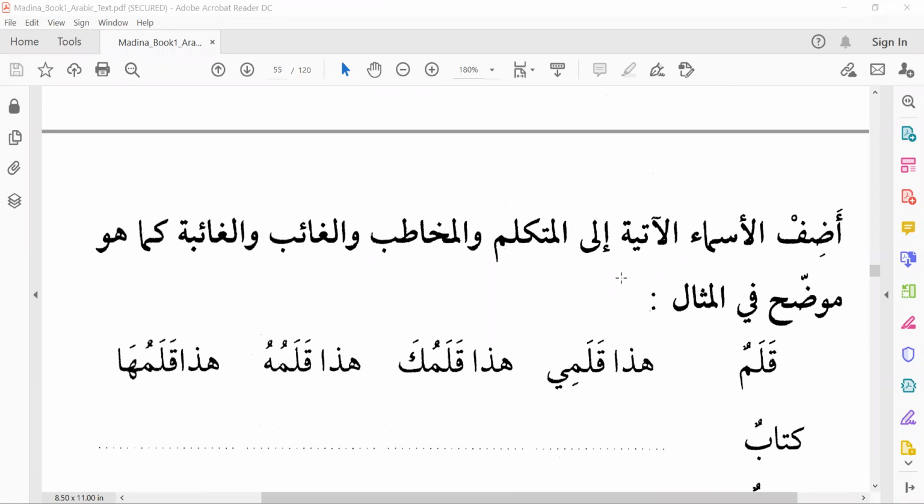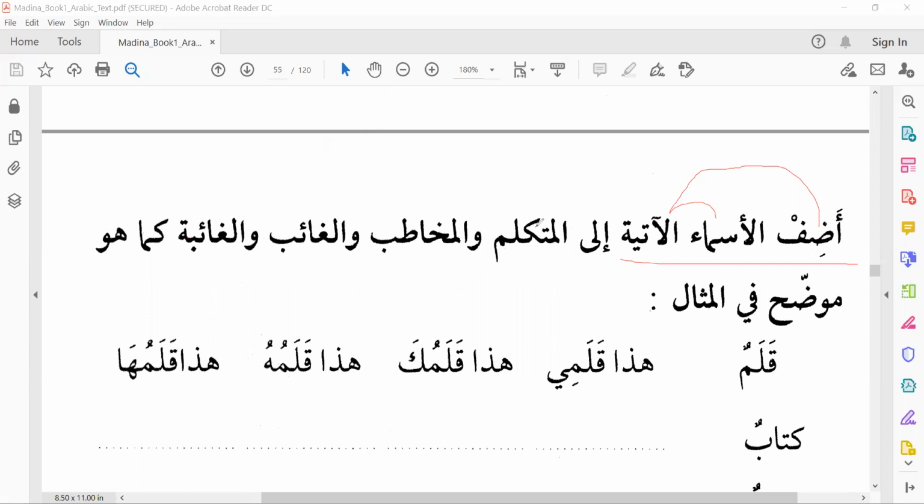Adifil asma'al atiyata. Join the following nouns ilal mutakallimi wal mukhatabi wal ghaibi wal ghaibati. Mutakallim means first person, mukhatab means second person, ghaib means third person masculine, ghaibat means third person feminine.